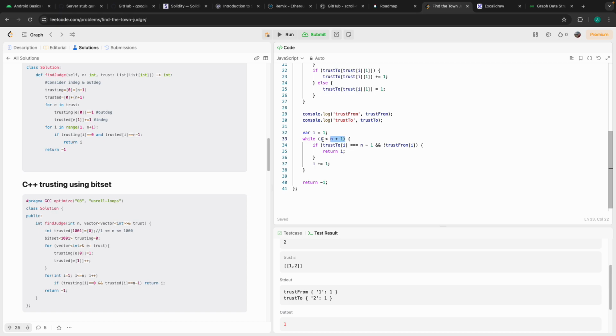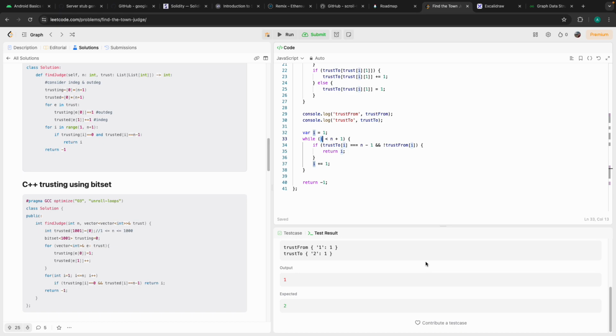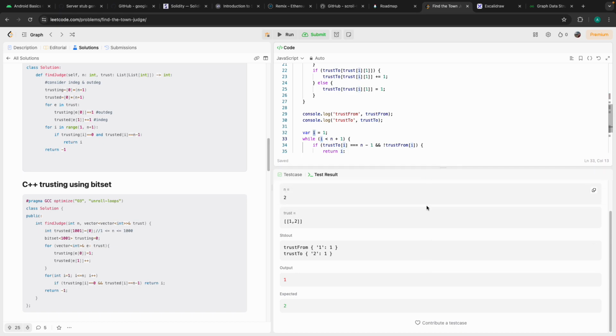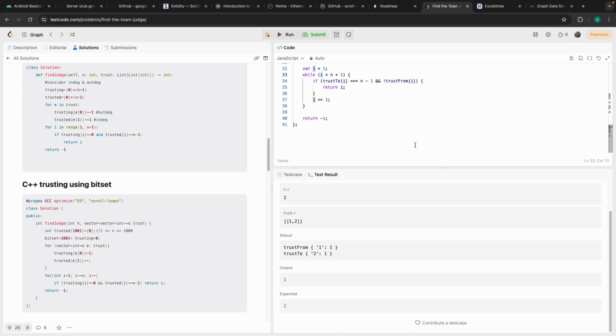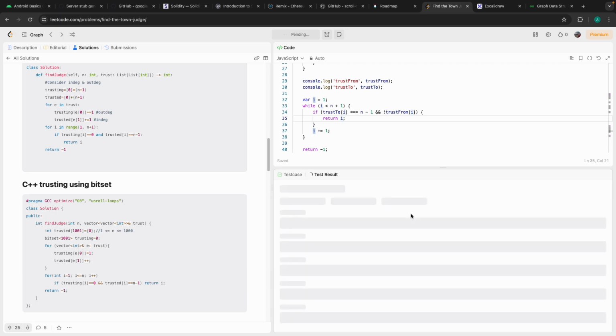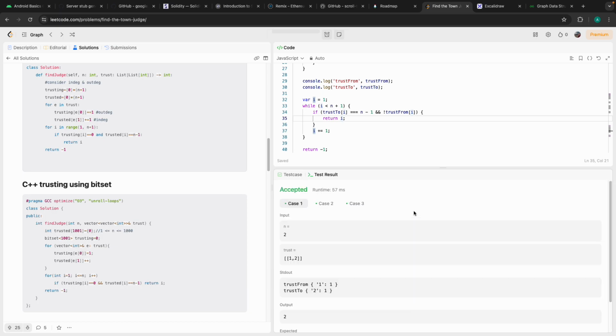It will work when i will be 2. Why did I return 1? I don't get it.